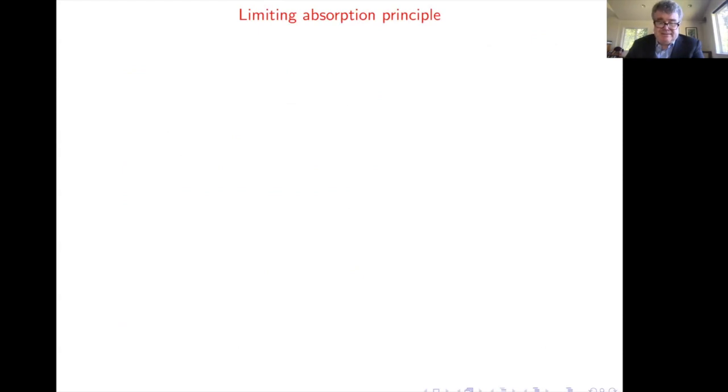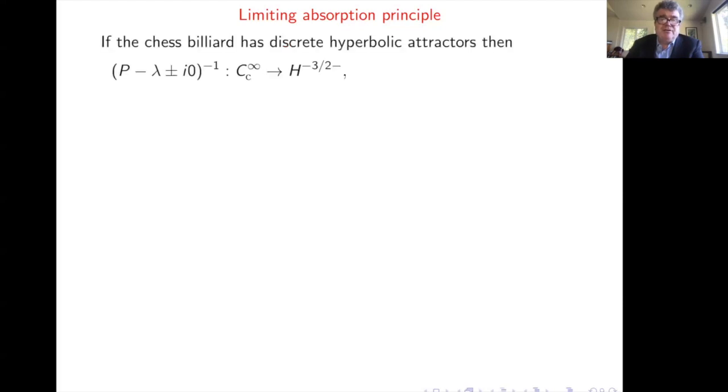So as I said, one question that one asks here is the limiting absorption principle, namely the existence of these limits here. And indeed, these limits exist, where P is this operator, the second derivative in x squared, times the inverse of the Dirichlet Laplacian. These limits exist for lambda which satisfies the dynamical assumption that I stated.